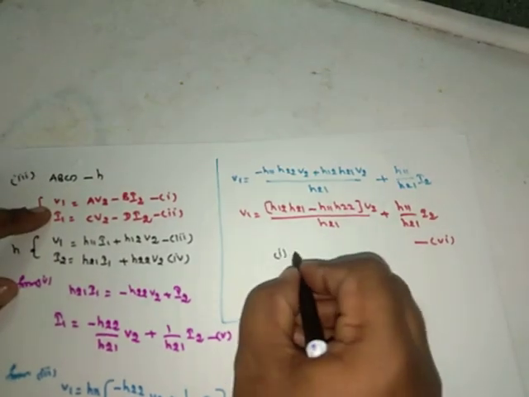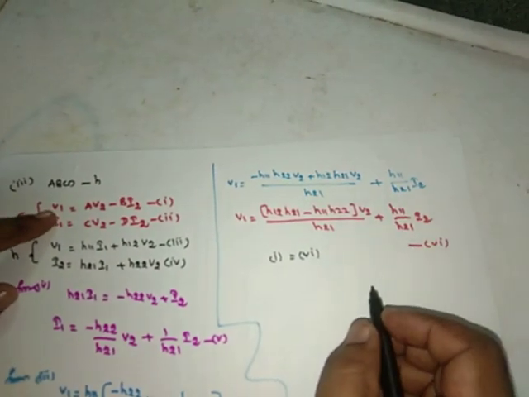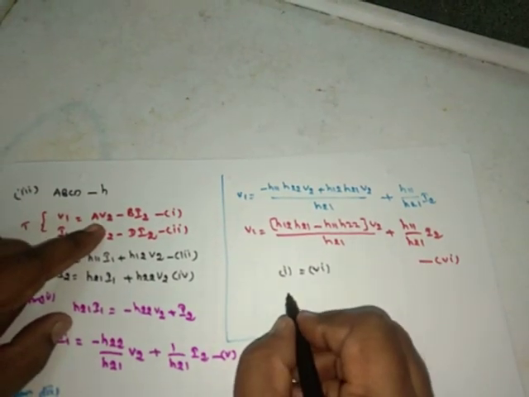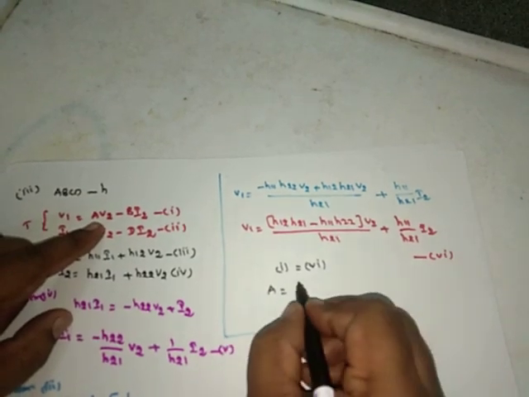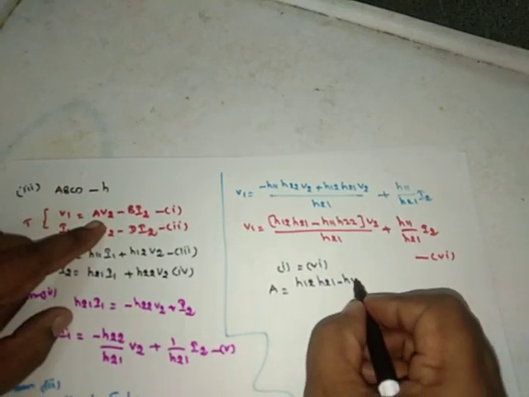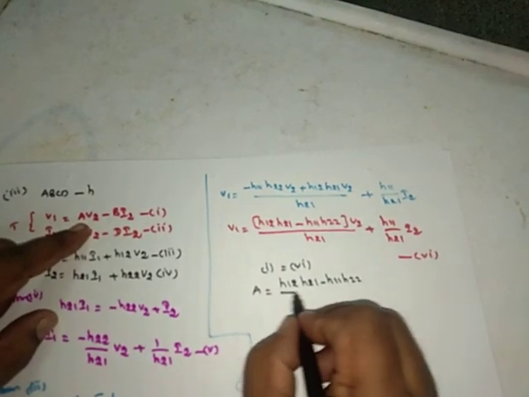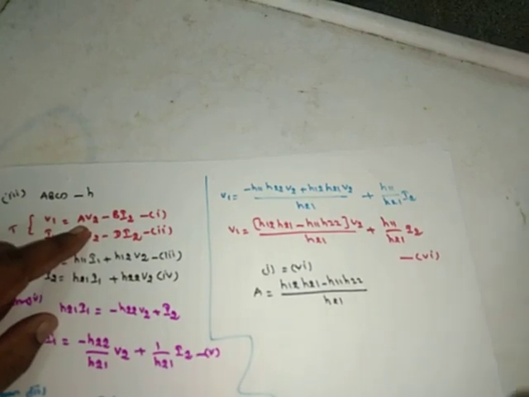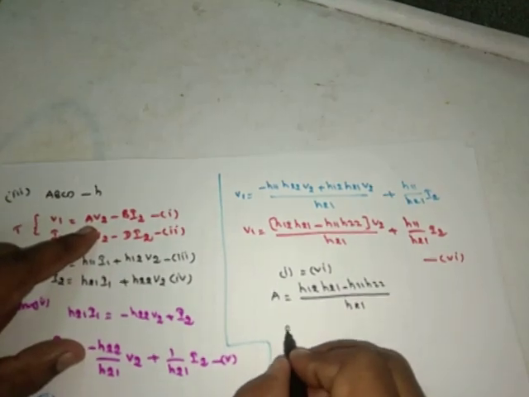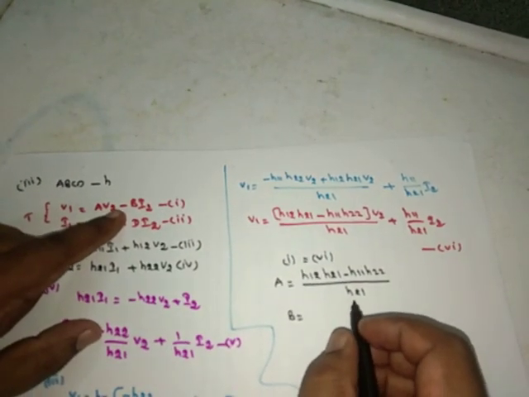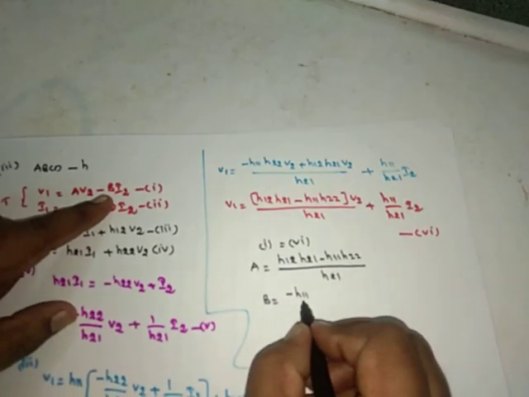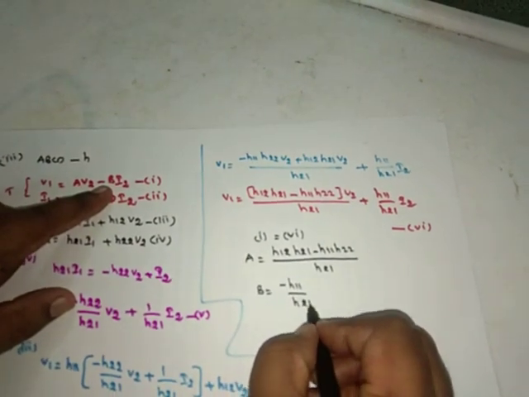And now compare here. First 1 equal to 6. So v1 is a function of v2 and i2. So from that A is equal to h12 h21 minus h11 h22 by h21. Similarly B is equal to, it is minus B or minus A actually this one. So that's why minus h11 by h21.